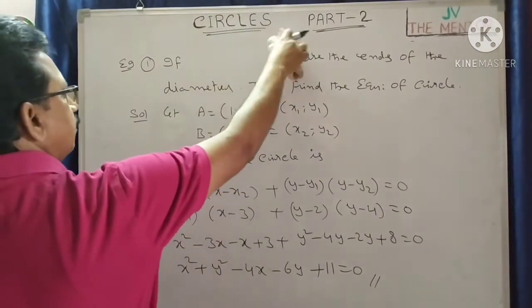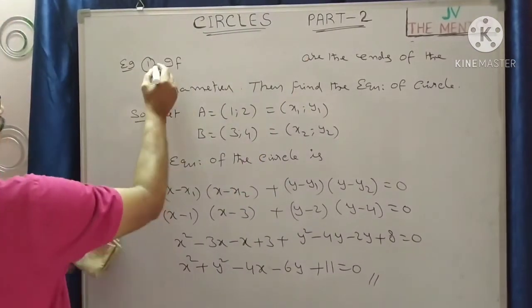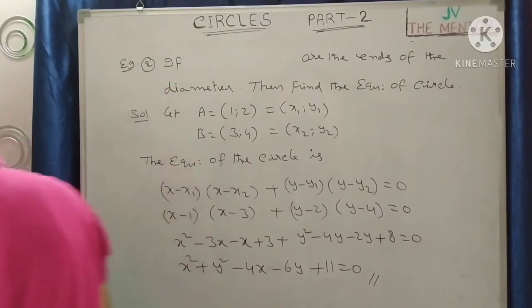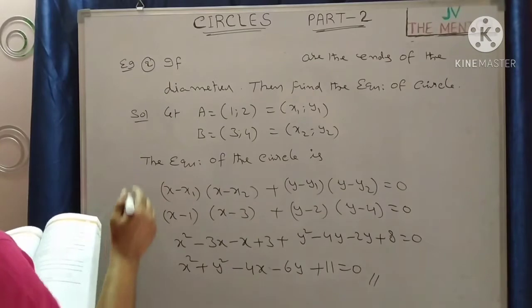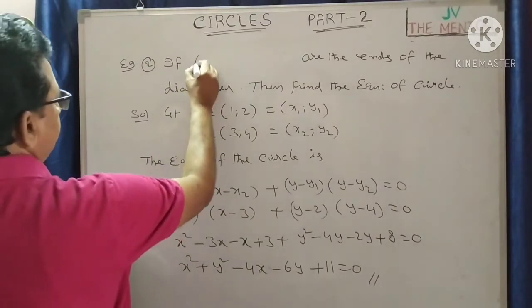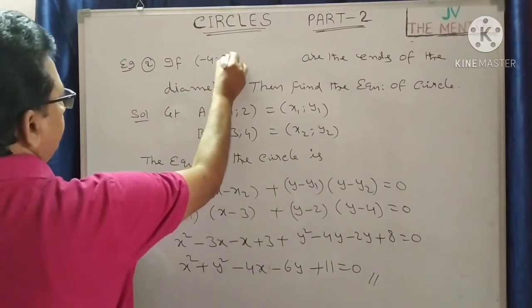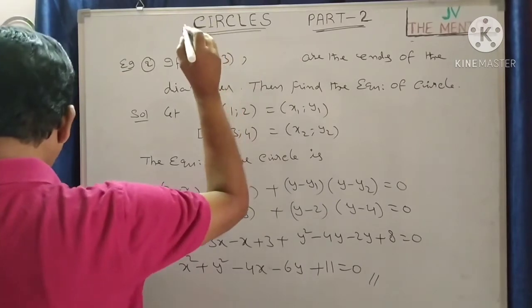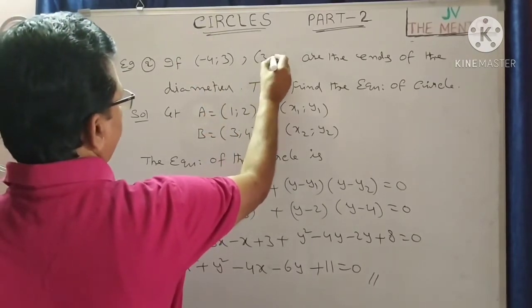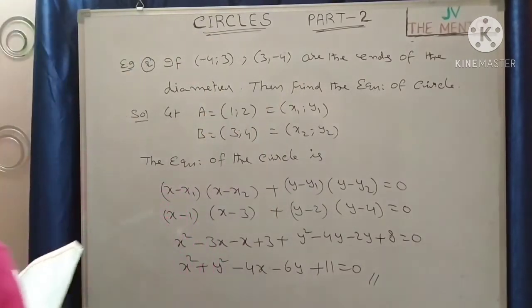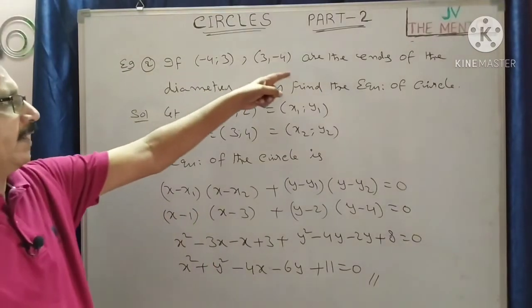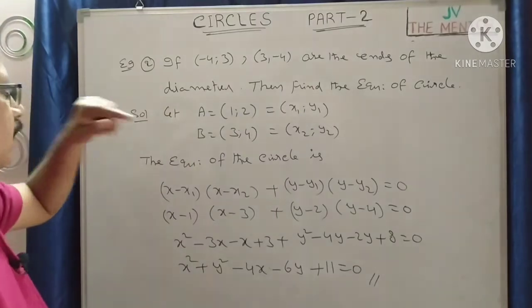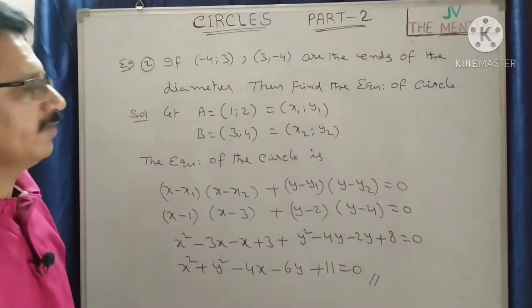Next, another example, example 2. If (minus 4, 3) and (3, minus 4) are the ends of the diameter, then find the equation of the circle.